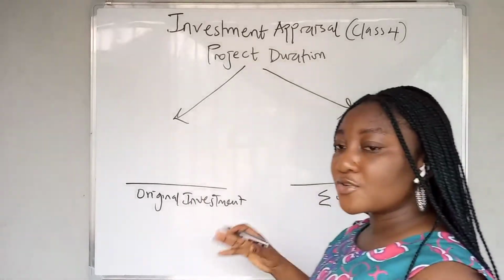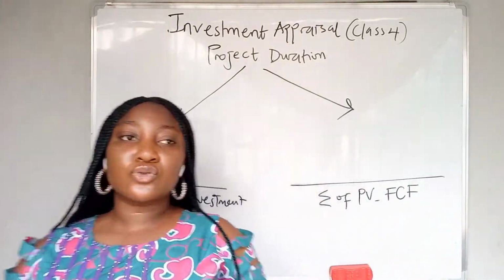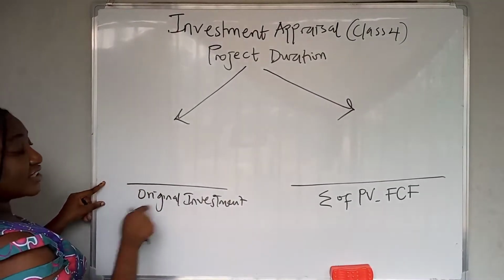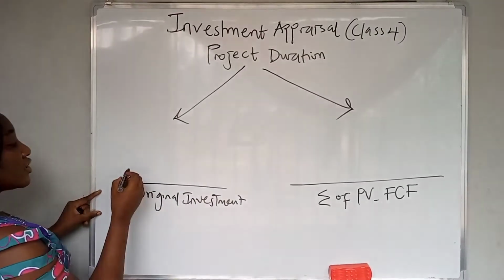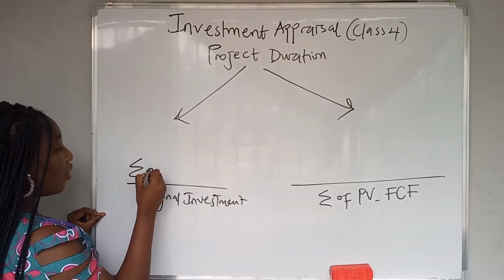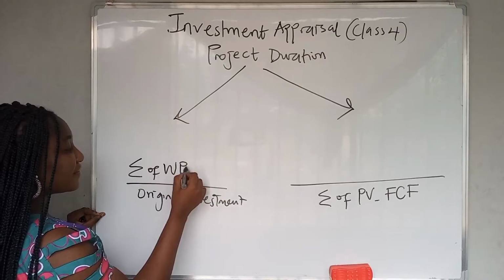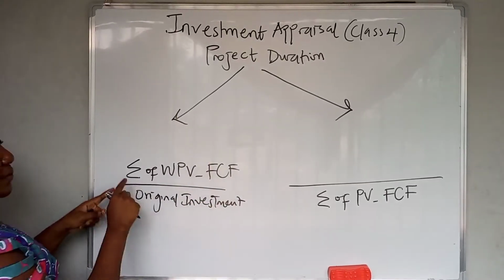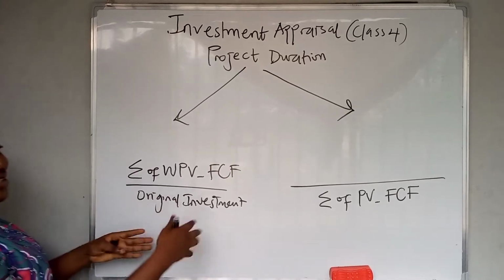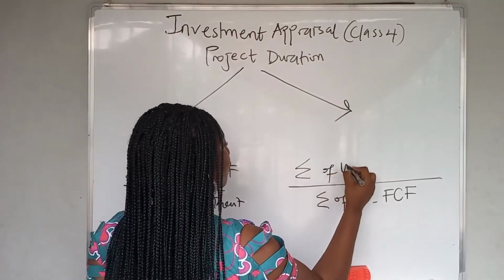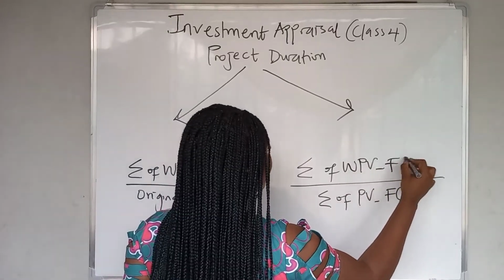Future cash flows, what you are expecting in the future, you want to get the present values and sum them up. Okay, so these are the denominators. The numerator here is the sum of weighted PV of future cash flows. I could write it in full, but I prefer to write it with signs so that it goes straight to the point.